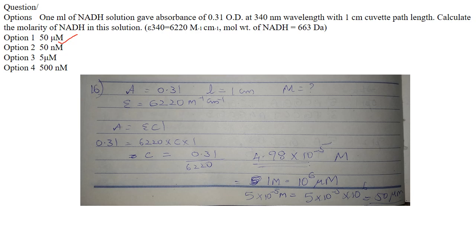Substitute it, you will get the concentration, that is 4.98 into 10 raised to minus 5 molar. Or else you can write it as 5 into 10 raised to minus 5 molar. And 1 molar is 10 raised to 6 micromolar. So 5 into 10 raised to minus 5 molar will be 50 micromolar. So the answer is option 1.